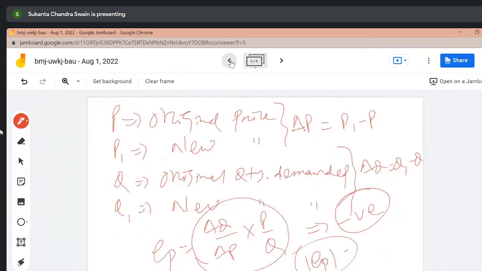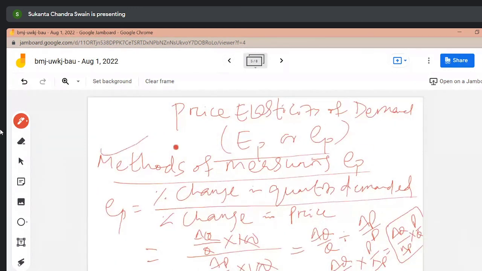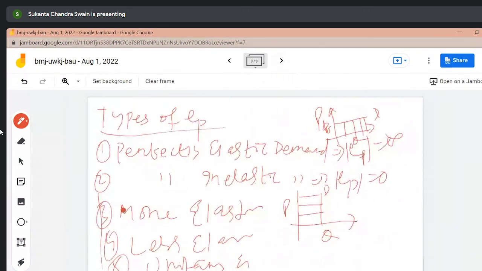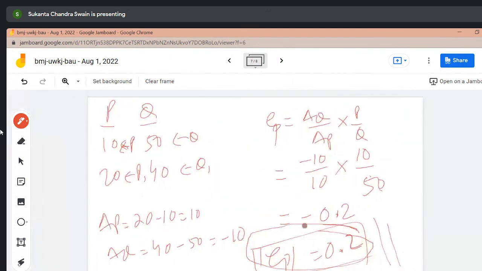Then we will come to the second method of calculating the price elastic demand. Is it clear? First, we will explain these three: more, less, and unitary. Then we will interpret this one, what example we have done, or we can take another example in the class and interpret. Then we will come to the second method of computing PED. Please note it down. Is it okay?